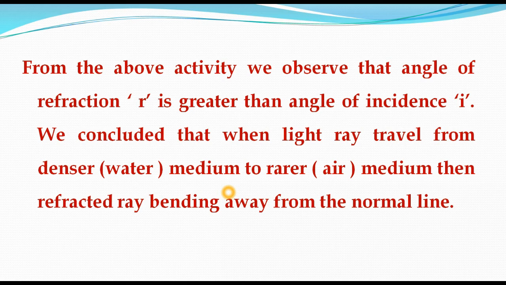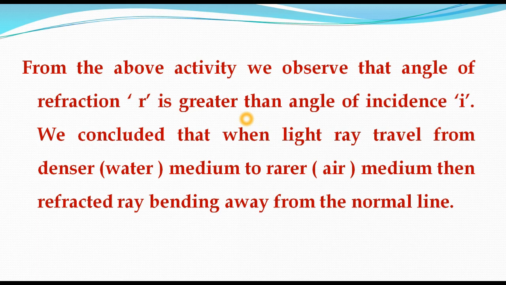So in this activity, light rays are traveling from water to air. That means denser medium to rarer medium. From the above activity, we observe that angle of refraction R is greater than angle of incidence I. Why? The angle of incidence means the angle between the normal and the red color straw, which is in the water.